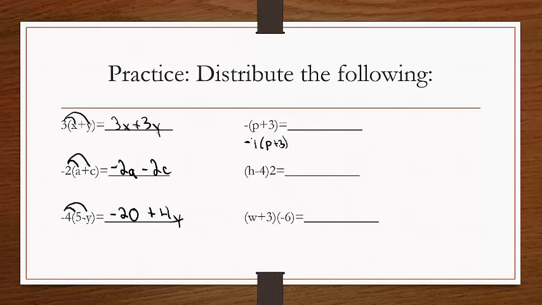But in this case, we will, so you can see it for easier simplifying. Negative 1 times p is just negative p, or you could write negative 1p. It's the same thing. Negative 1 times positive 3 is negative 3.